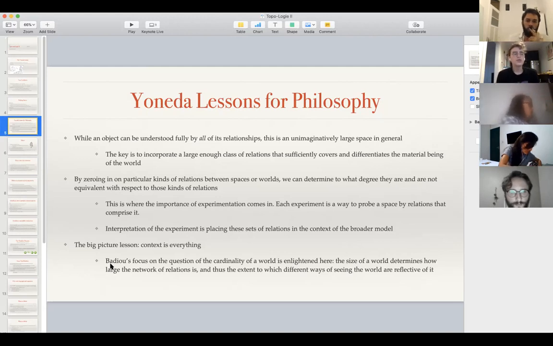But I think this is really crucial here in this context, because the size of a world is not just the amount of stuff that's in it, it's also the amount of relations there are in it. And if a world is larger, if it includes more things, it's going to have more relations. And thus our tools at different scales of worlds won't always necessarily transfer.